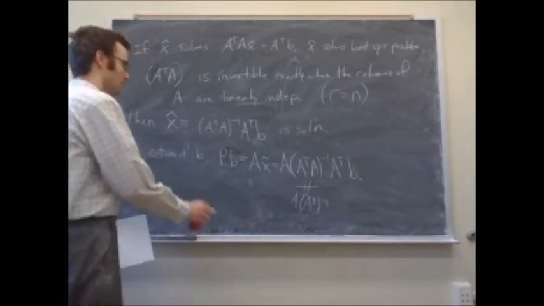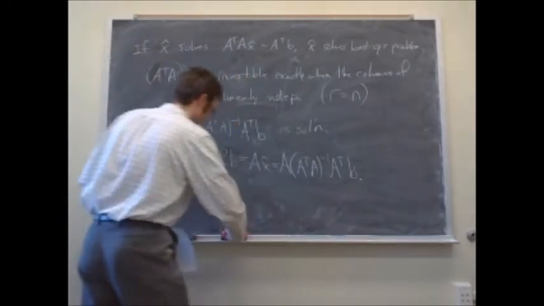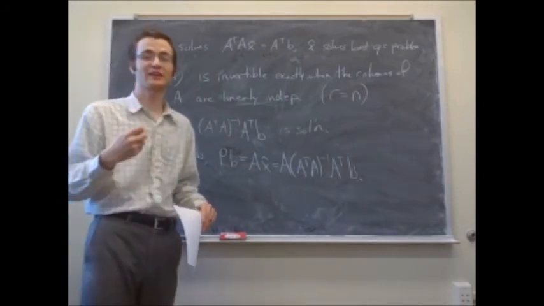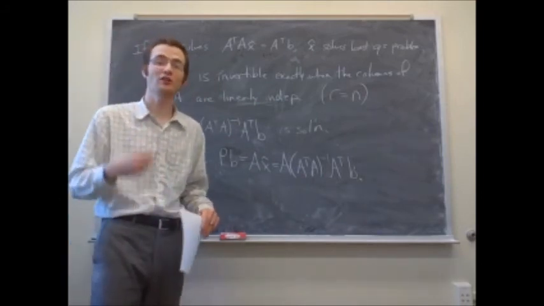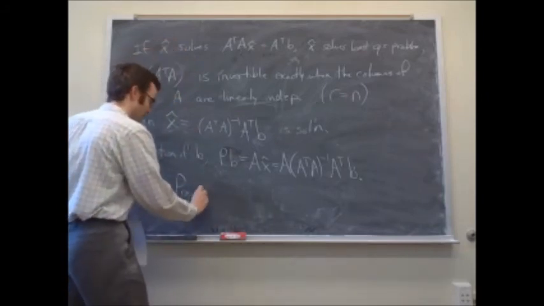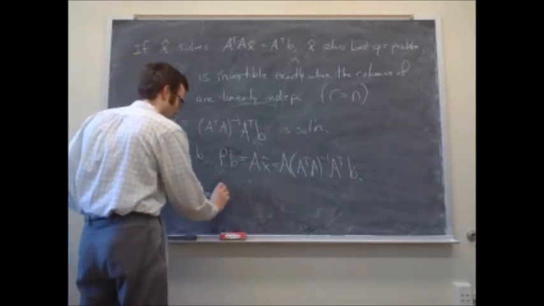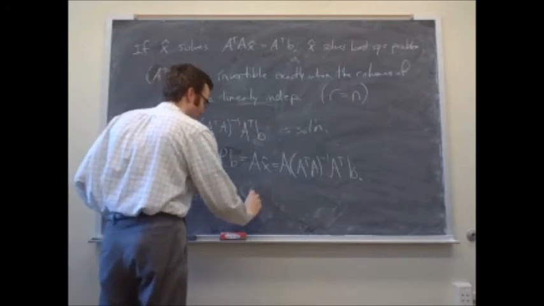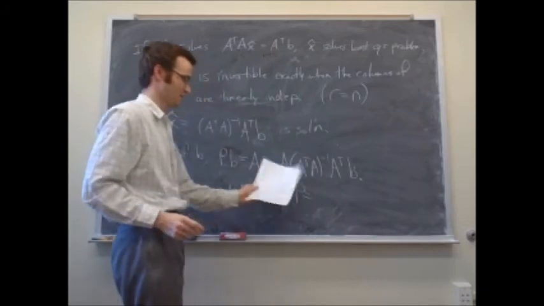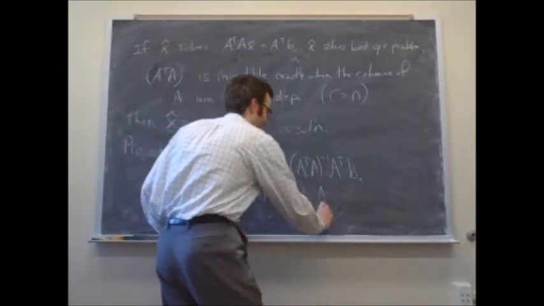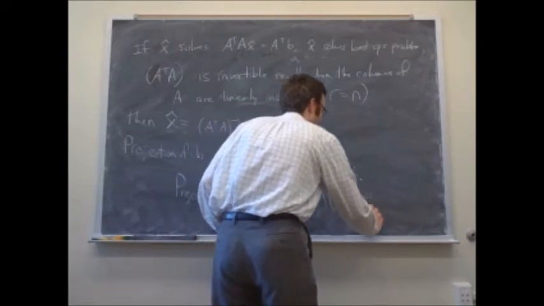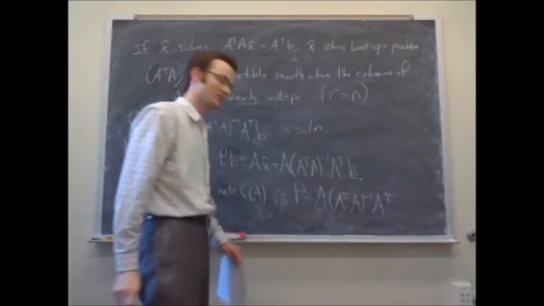So what this tells us is if we want to project a vector onto the column space of A, the projection is given by the matrix, well, we have it right here: A times A transpose A inverse times A transpose.